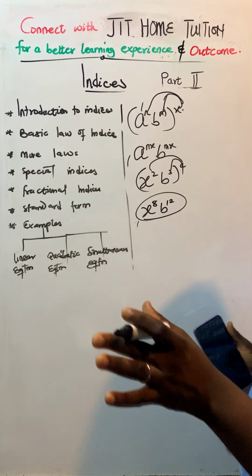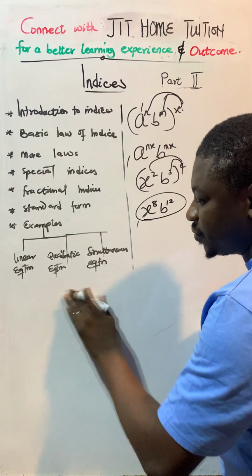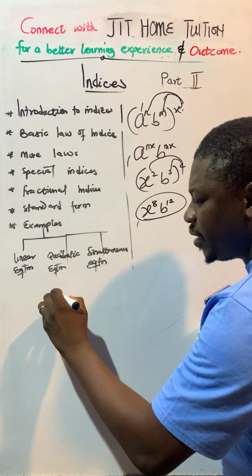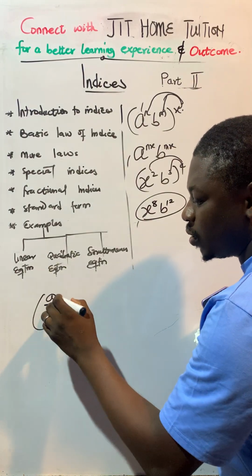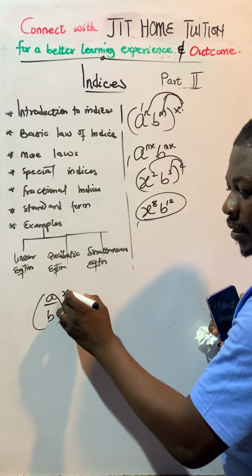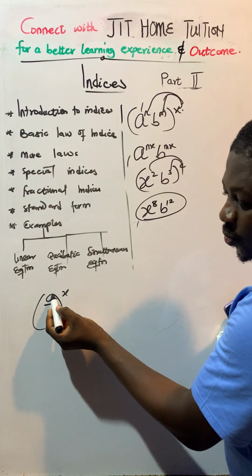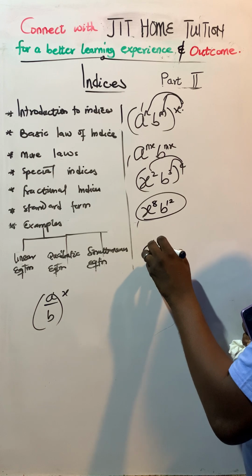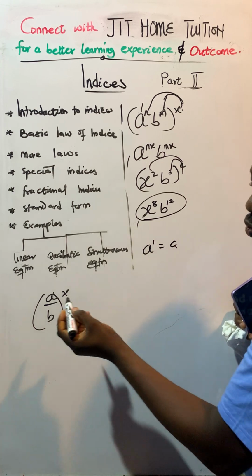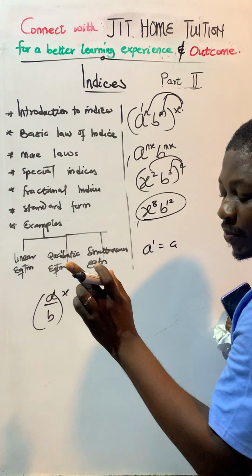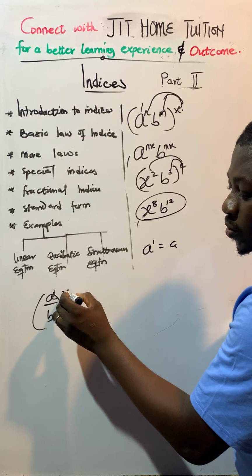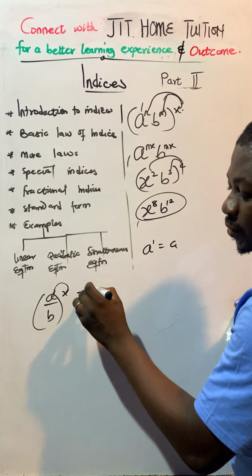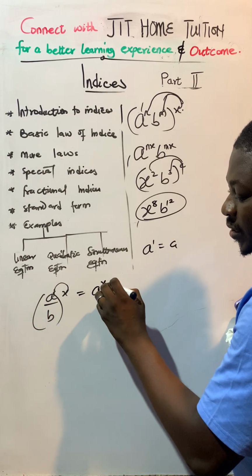Another one that I want you to know is a on b like this, all exponent, let's say x. This one, the exponent is 1, okay? Like I said that when you have any number raised to the power 1, it's still the same number. So what it means is that here the exponent is 1, but we don't write it. So the exponent x will multiply this 1, giving you a exponent x.